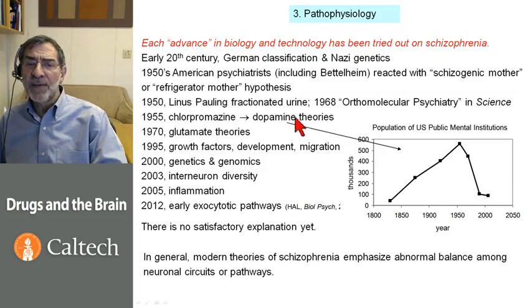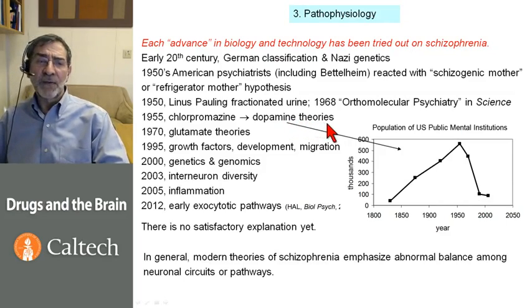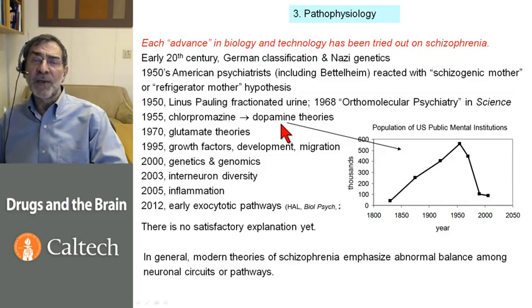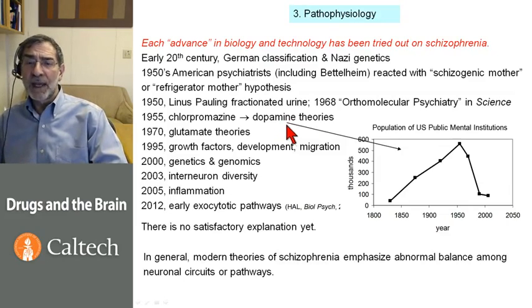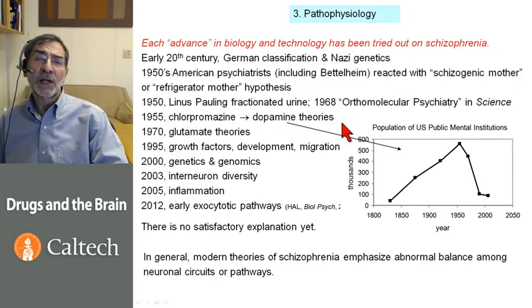At the same time, it became evident that chlorpromazine acted on dopamine D2 receptors. More about this in a moment. And so that gave rise to the theory that there was a deficit or a surfeit of dopamine synaptic transmission in the brain.